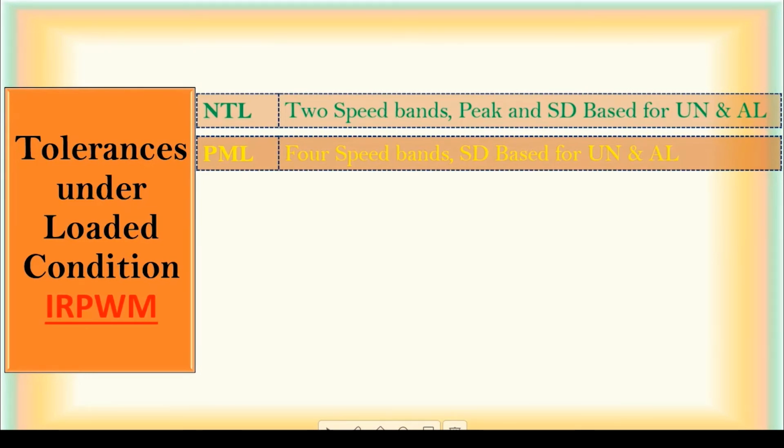NBML, sir. NBML. And for what parameters? It is for all parameters, sir. All parameters and in 4 speed bands, that's okay. Standard deviation based for unevenness and alignment, peak based for unevenness and alignment, and for gauge and twist, average gauge, twist only peak.